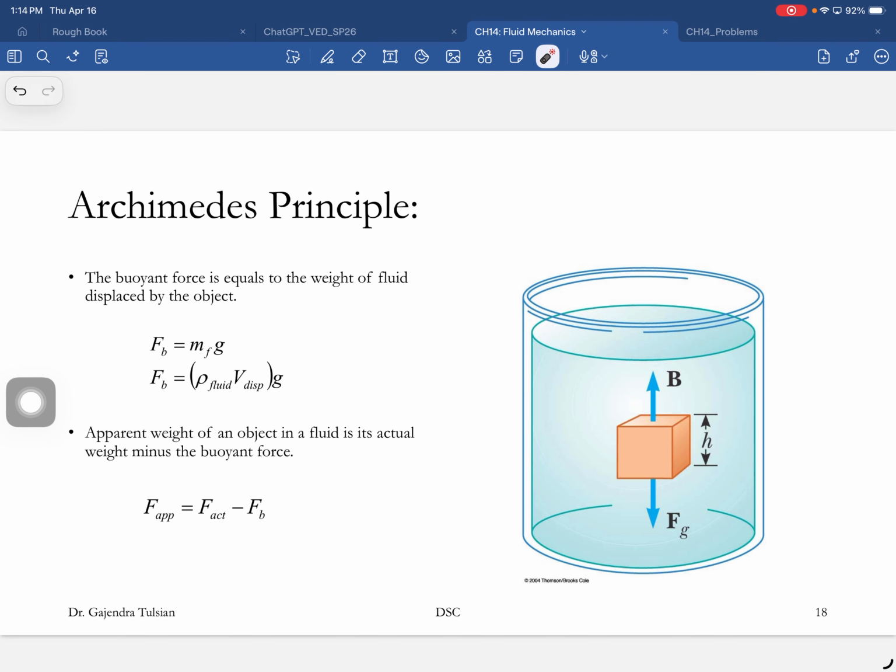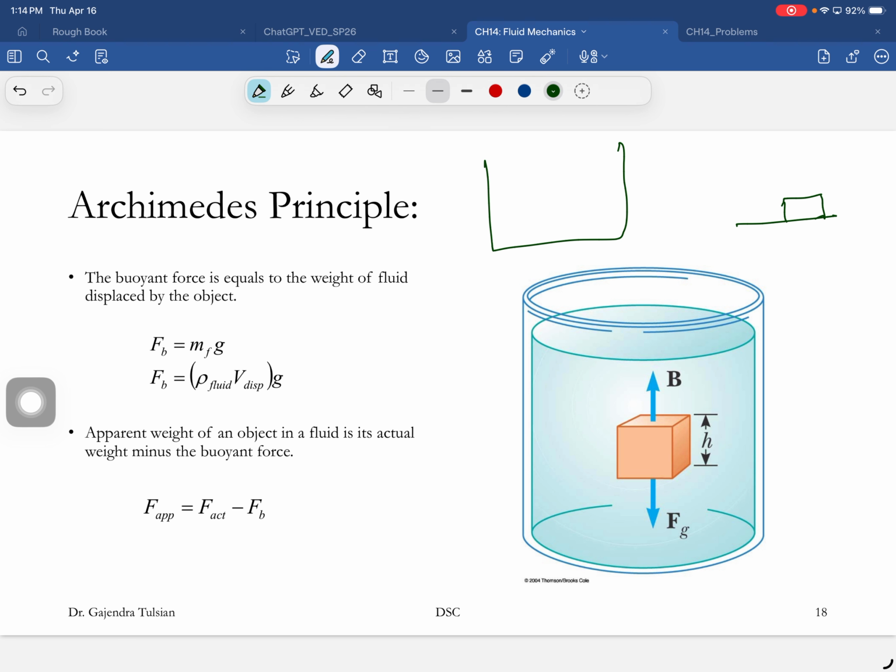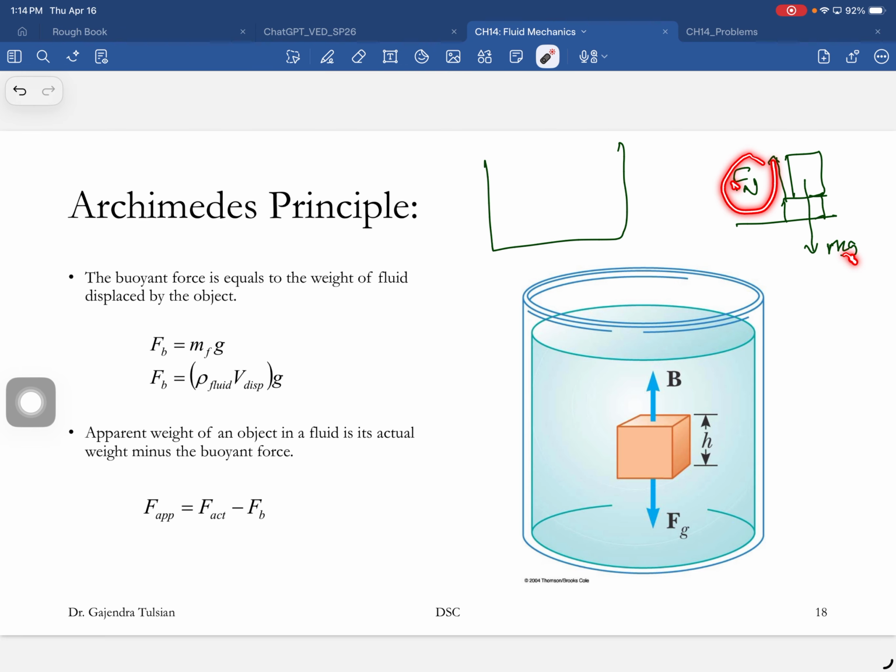So for instance, if you want to lose weight, the best way is the following. You weigh yourself, you stand on a scale, gravity acts on you, and so the scale has to exert a force equal to your weight, and this is your apparent weight. Just weigh yourself in the pool.